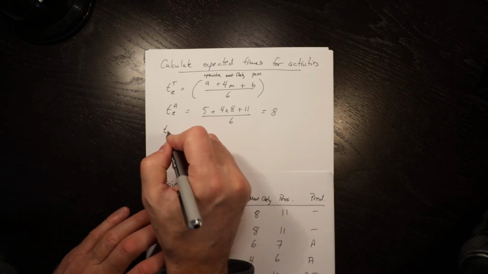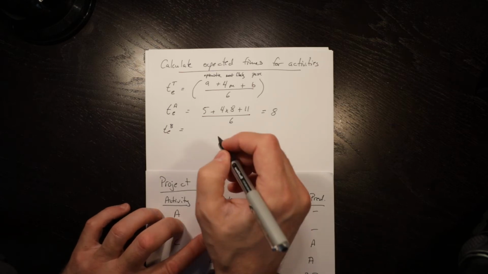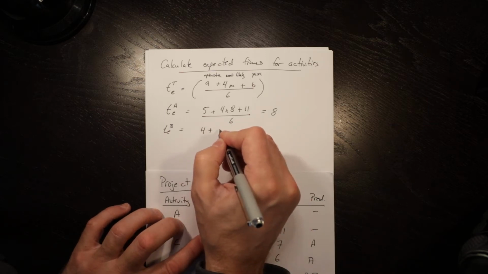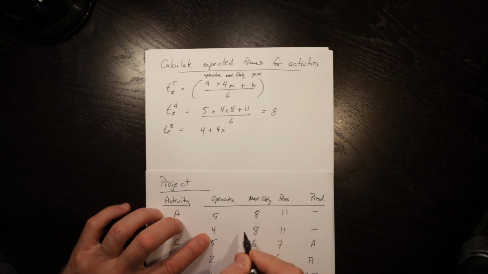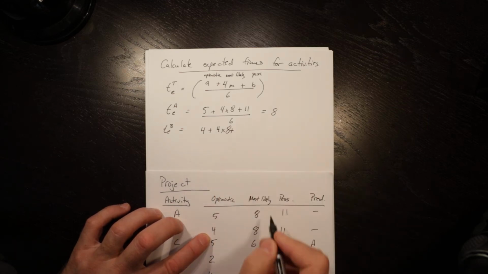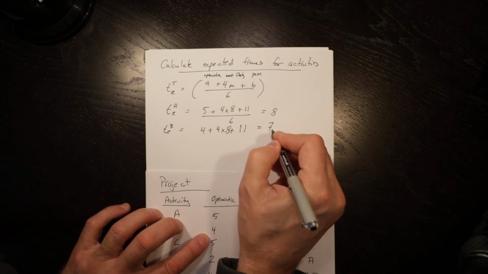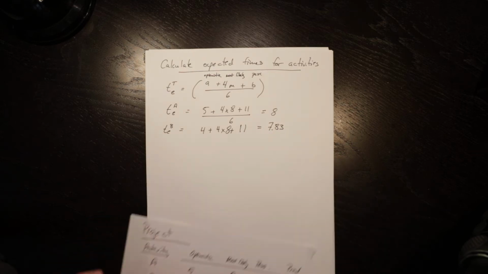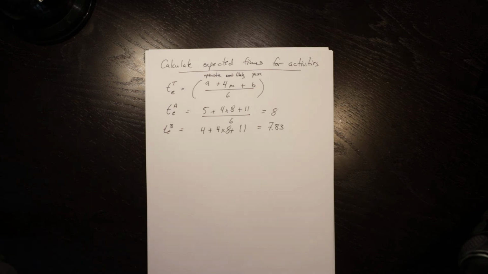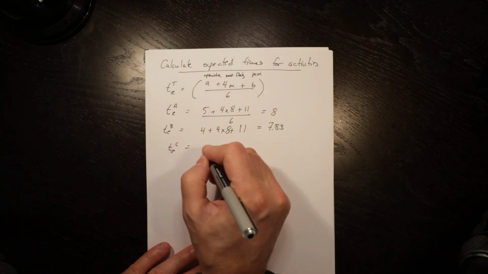The expected time for B is equal to 4 plus 4 times 8 plus 11, divided by 6, which is 7.83. And we would continue to work that way through the others, so TEC is equal to 6.